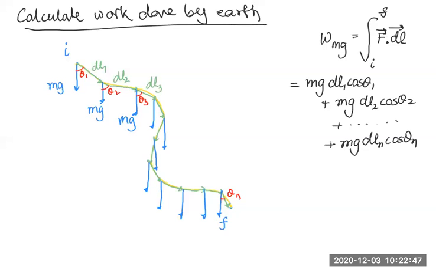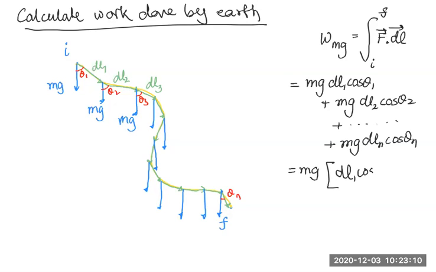What do you think? I can take out mg common, yes. So if I take out mg common, I need to check whether I am left with something meaningful in the brackets or not.